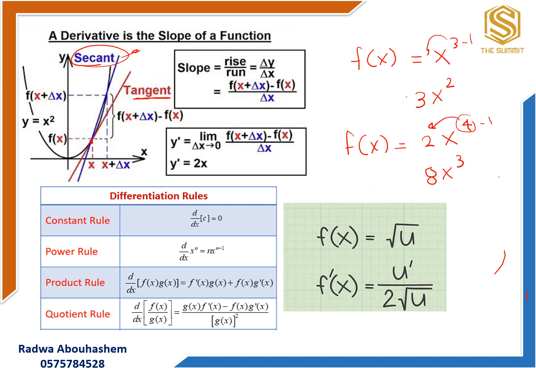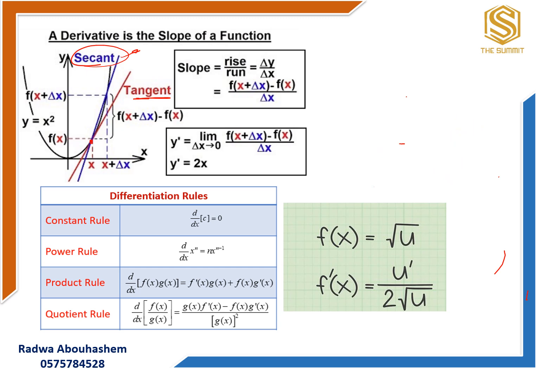We have also the product rule. We use the product rule when we have two functions multiplied by each other. For example, here, it's 3x multiplied by x plus 1. This is the function of x, okay? And I'm asking you to take the derivative for it.